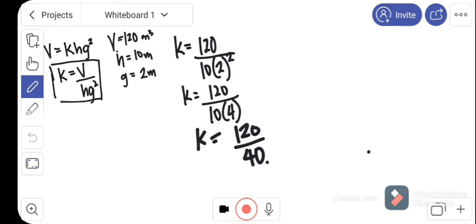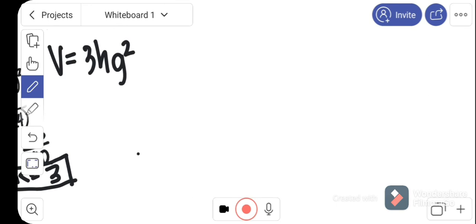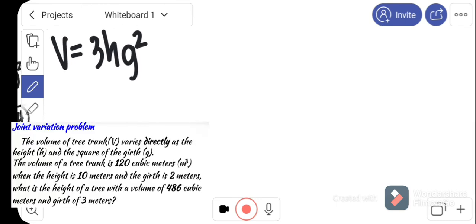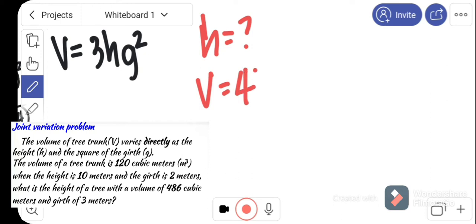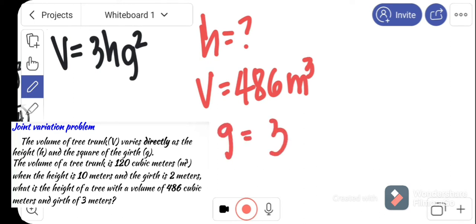This is now our equation for the problem that we are about to answer, which is: what is the height of the tree when the volume is 486 cubic meters and the girth is equal to 3 meters. Simply substitute.